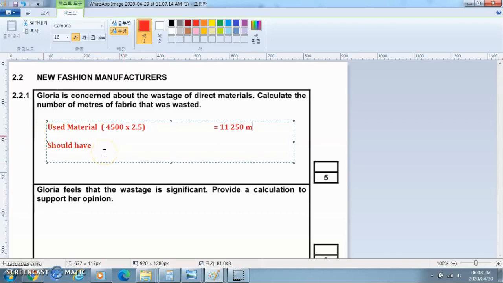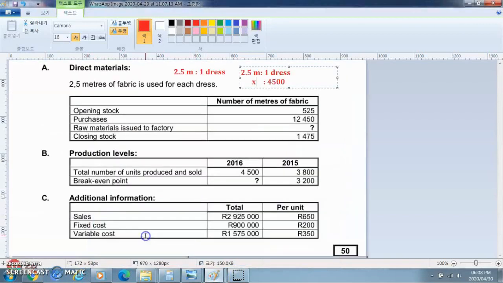So now let's check this against what should have been used. To get that, we go back to our information. Here we have the opening balance of the number of meters of fabric, and then we have the purchases.